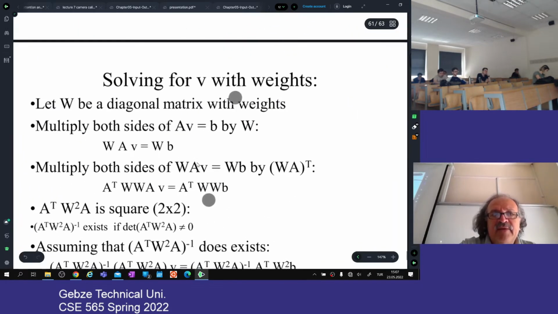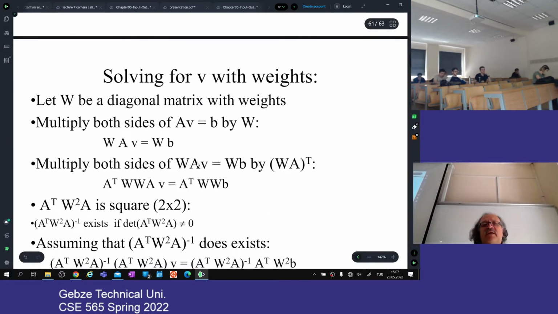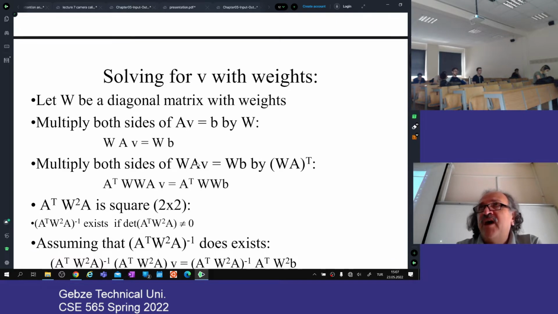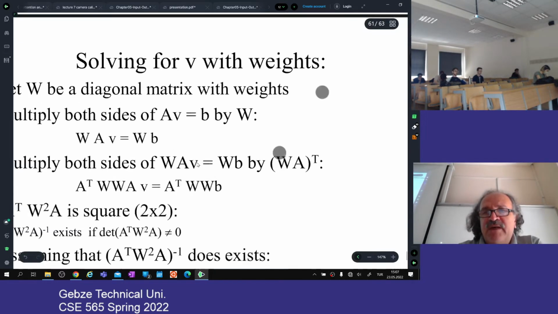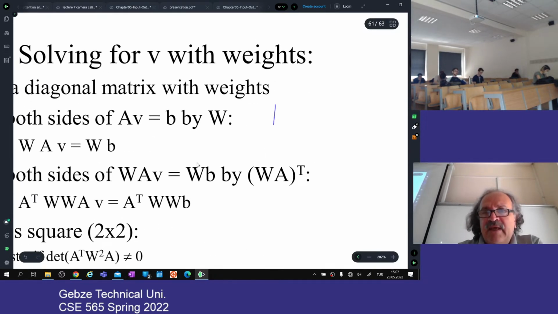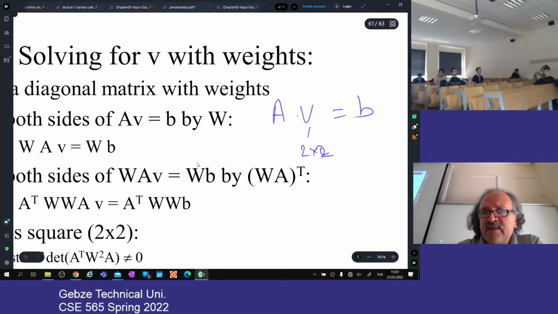Okay, this is how I will do that. Let W be a diagonal matrix with weights. And remember this linear equation: A times V equals B. For a 5 by 5 window, this one was A times V equals B. This one is 2 by 2, right? How about this one? A is 25 by 2.